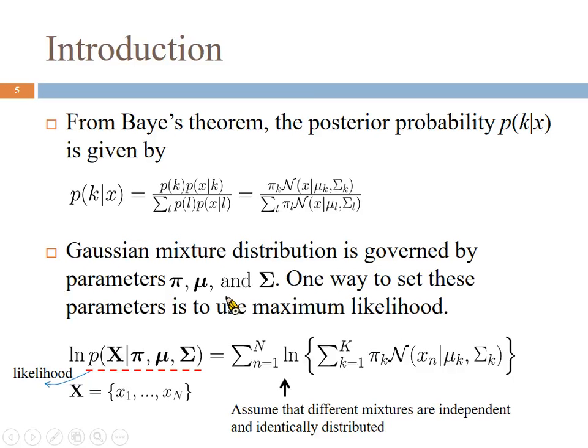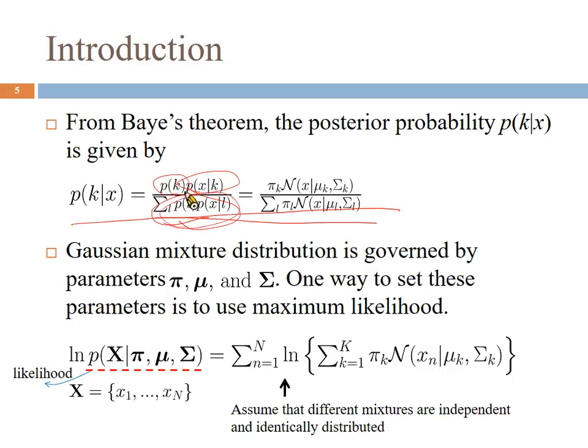And from Bayes' theorem, the posterior probability p(k | x) is given by the following formula. So p(k | x) is equal to the probability p(k) multiplied by p(x | k) divided by the total probability.